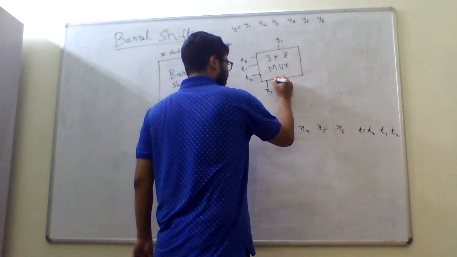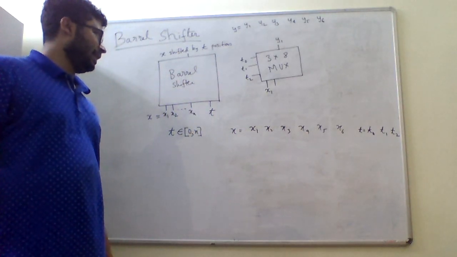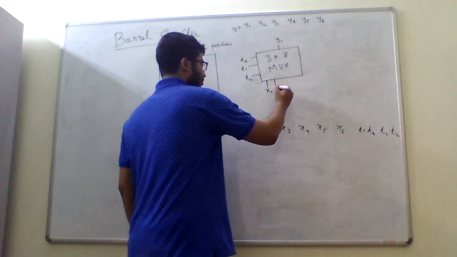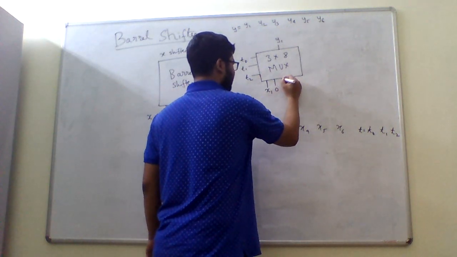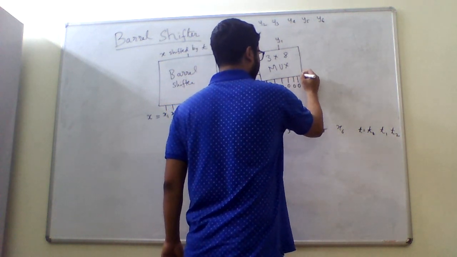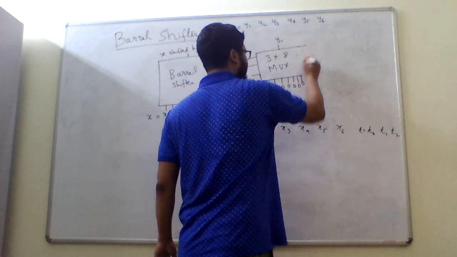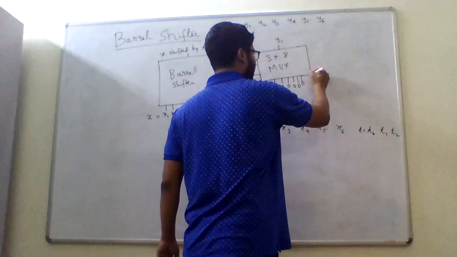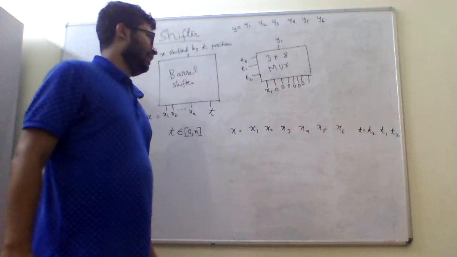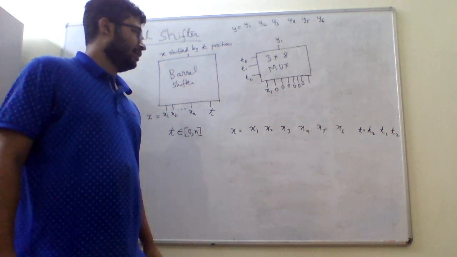And now if t is something between 1 and 6, then y1 should be 0. So I will have 6 zeros here. It also has another data line, and it's not important what we connect there.